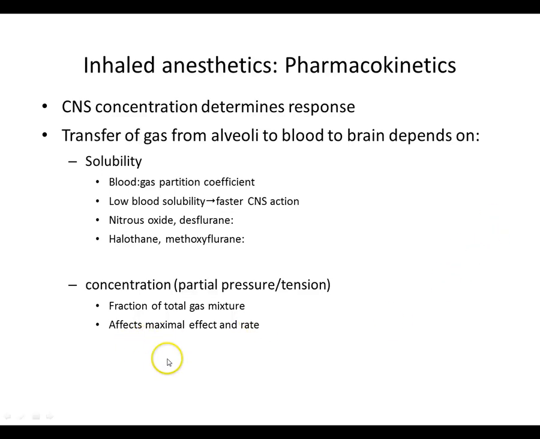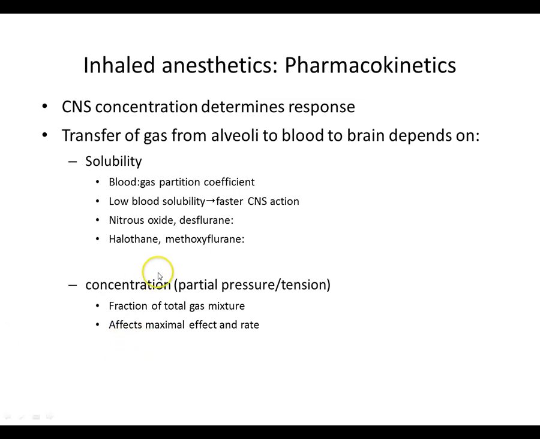So in this case, the relationship makes sense. If you increase the concentration of a particular inhaled gas in the source that's being administered, that will increase the rate of onset. So you can drive a faster onset of anesthesia by simply increasing the concentration in the source that's being applied to the patient's respiration.